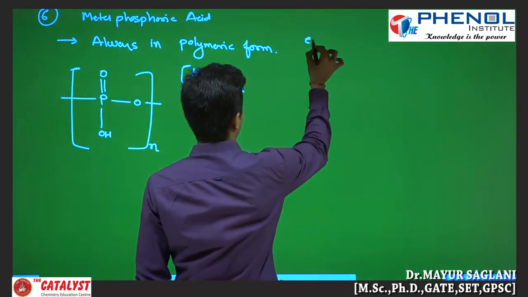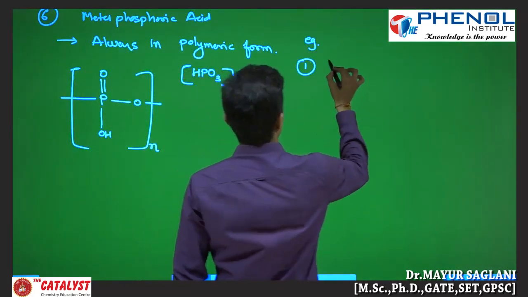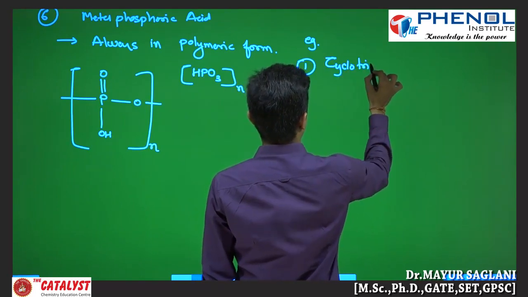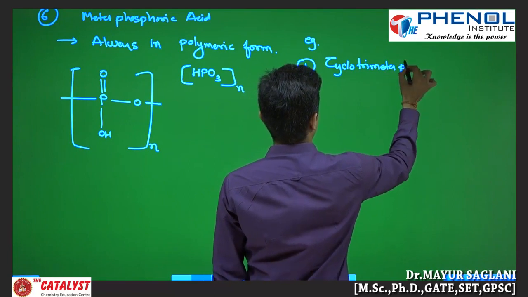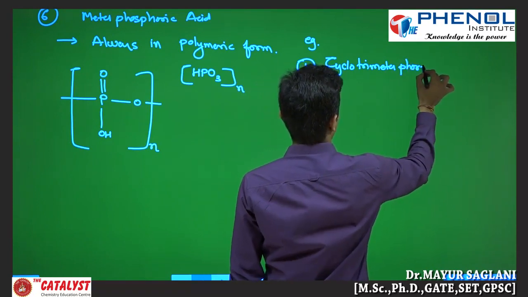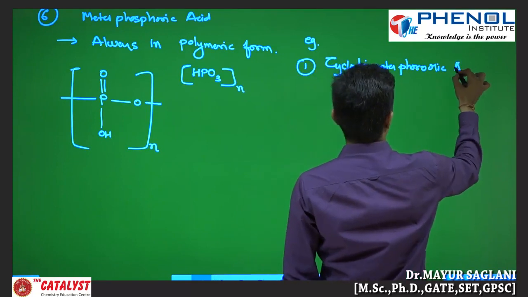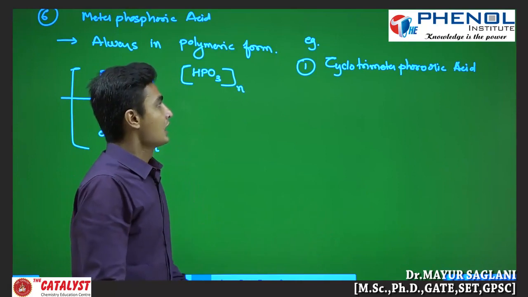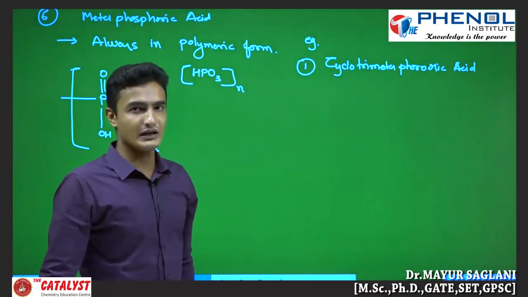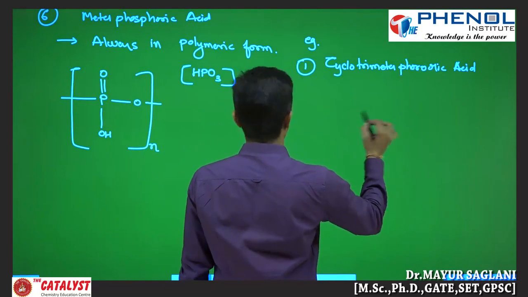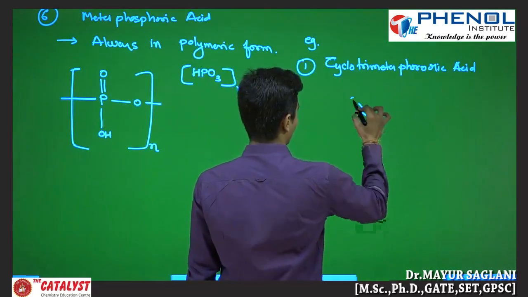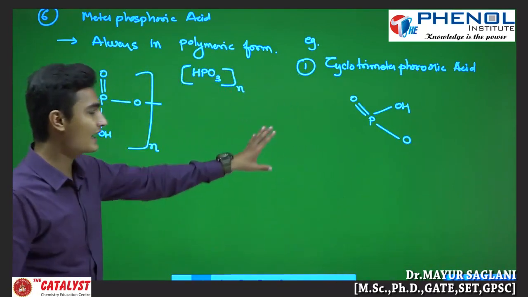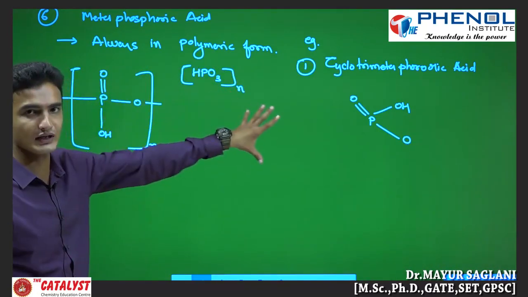I'll write a few examples of metaphosphoric acid. For example, the first example is cyclotrimetaphosphoric acid. So there should be a cyclic compound, with 3 units of metaphosphoric acid. So I am writing here P double bond O and OH, and there is one more oxygen atom. This one is 1 unit of metaphosphoric acid.